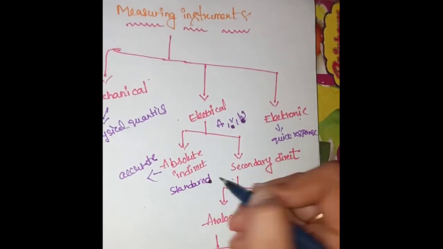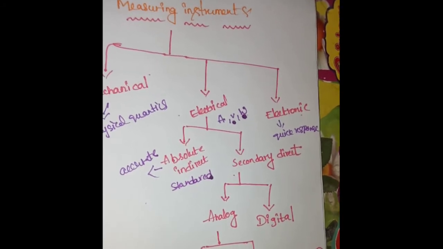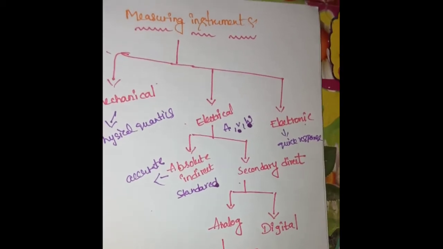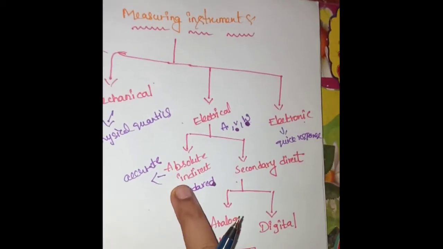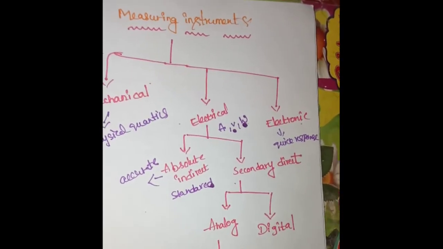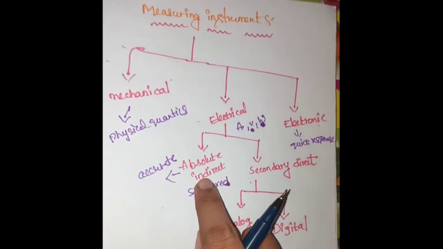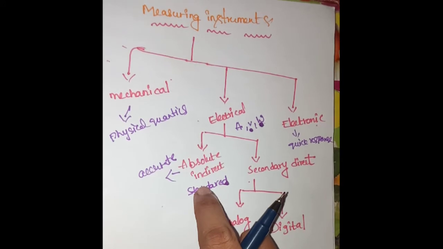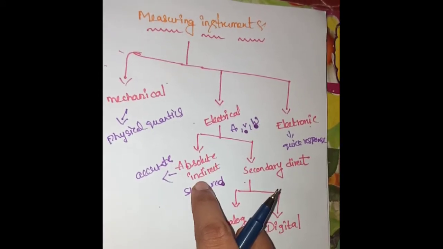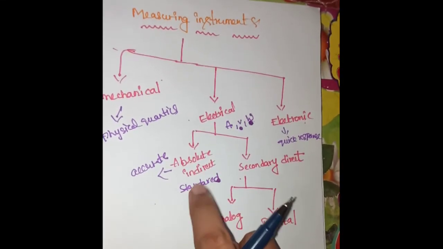It gives the values of the measured quantities regarding physical constants, like angle of deflection and degree of a meter. Mathematical calculations are required, using the values of the physical constants. Some formulas are used internally, then calculated, to get an accurate output, so it is known as a standard instrument.